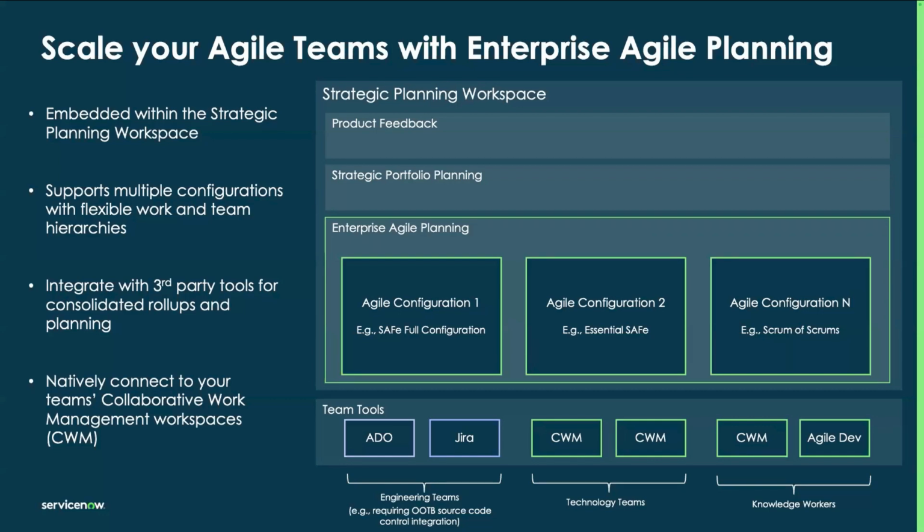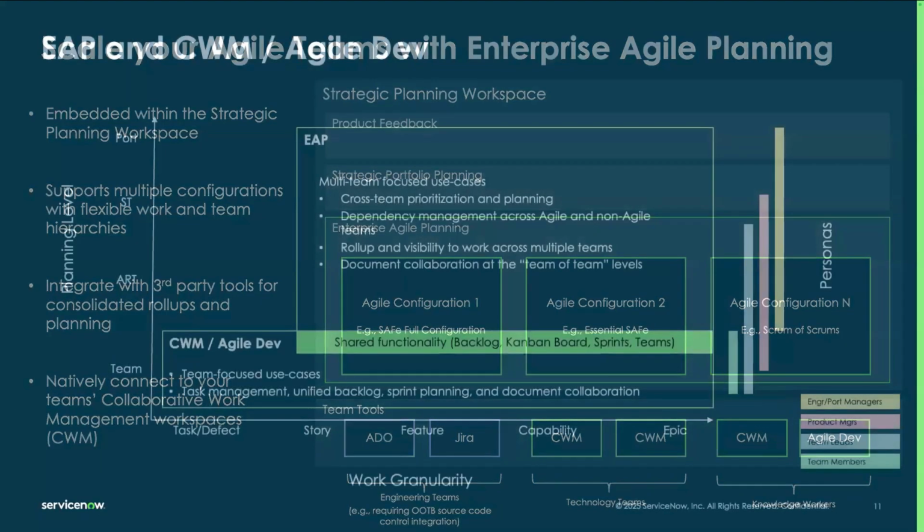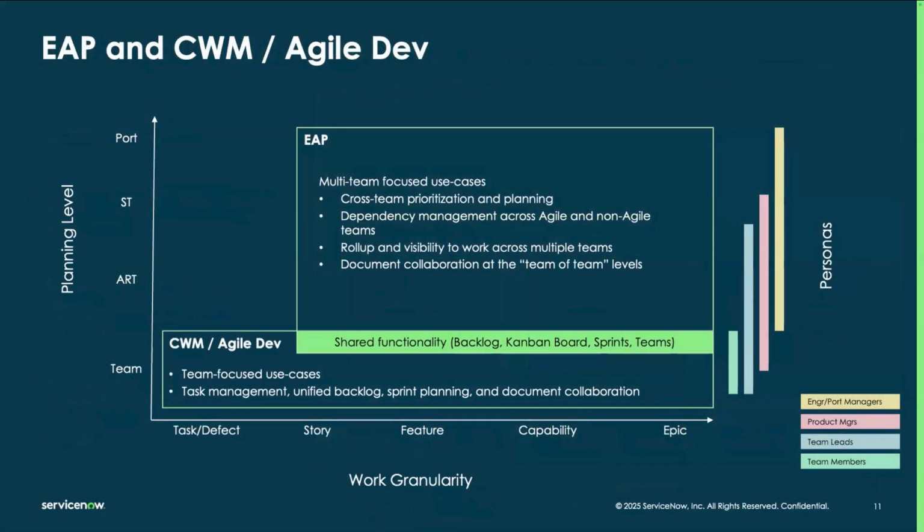Plus, EAP can connect to our existing Agile Dev 2.0 functionality. So if you have teams that want to continue to live on Agile Dev 2.0, you can use that in conjunction with EAP, or just EAP all by itself. But with that, let's go to the next slide, please. So usually with that prior slide, the next question I get is, well, what's the overlap and where's the focus?